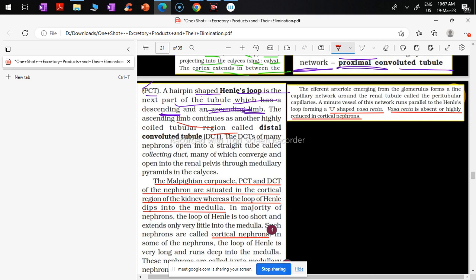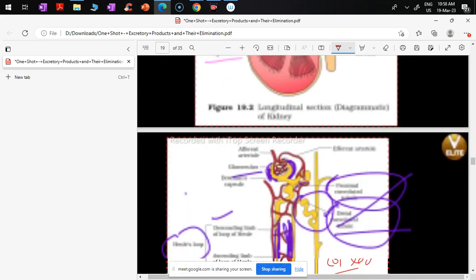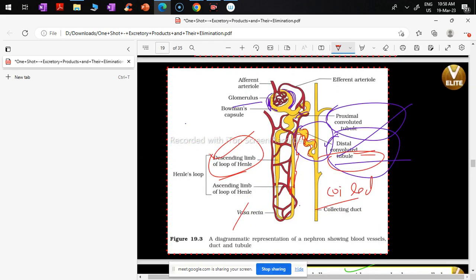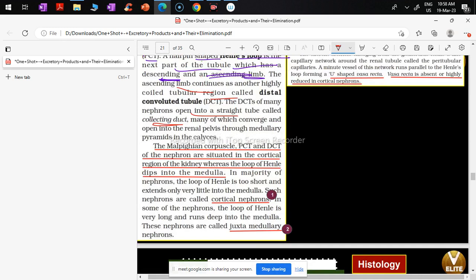The DCTs of many nephrons open into a straight tube, and this straight tube is called the collecting duct. You can see in the diagram, the DCTs of many nephrons continue and form this type of duct, which is called the collecting duct, many of which converge and open into the renal pelvis.